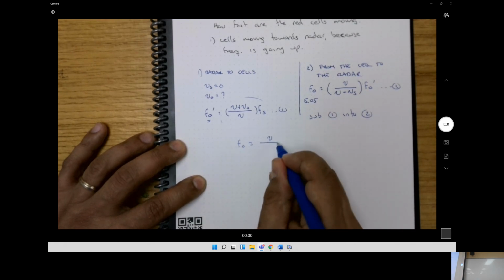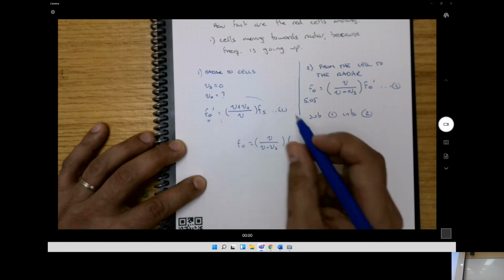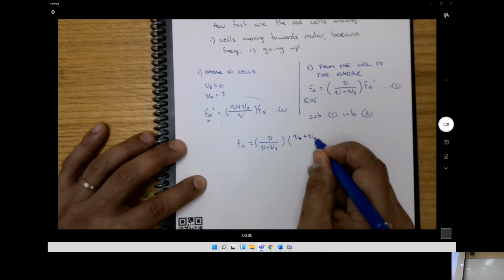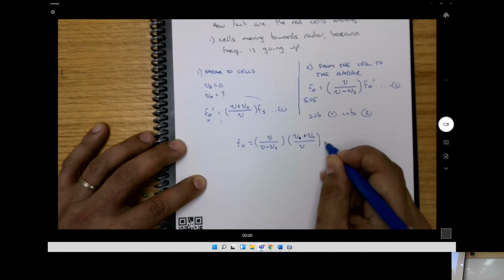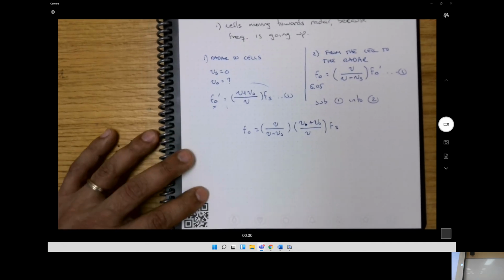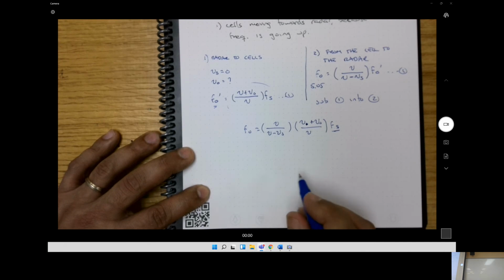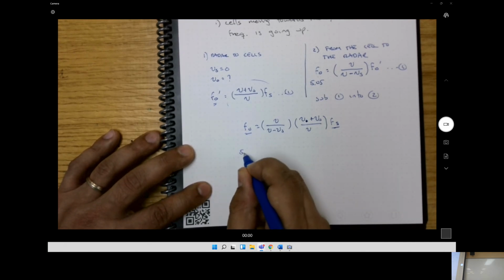So I'm going to have V over V minus VS, and here, no, sorry, V plus V naught over V times Fs. I know it looks kind of complicated, but this is going to be my 5 megahertz. This is a 505 megahertz.